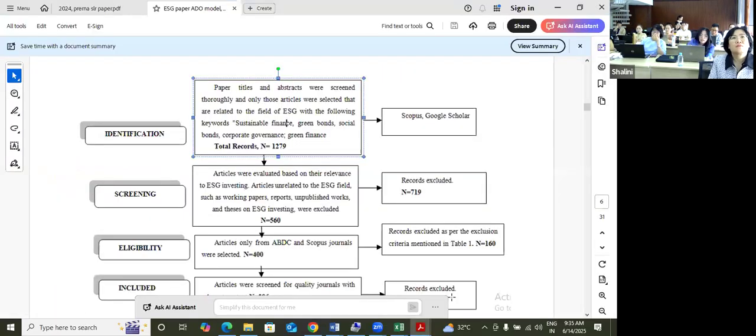Here, articles were evaluated based on their relevance to ESG investing. Articles unrelated to ESG fields, such as working papers, reports, unpublished work, and theses, were excluded. So this is the exclusion criteria, right? And after that exclusion criteria, how many papers did we get? 560.